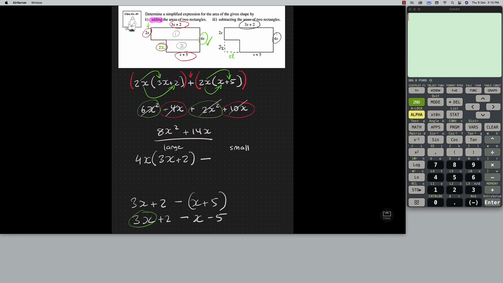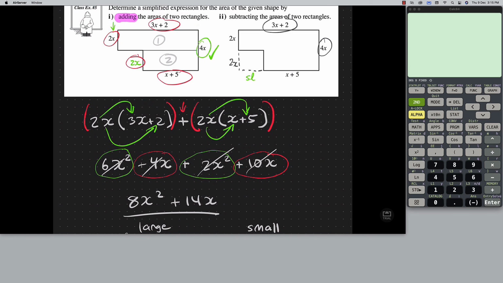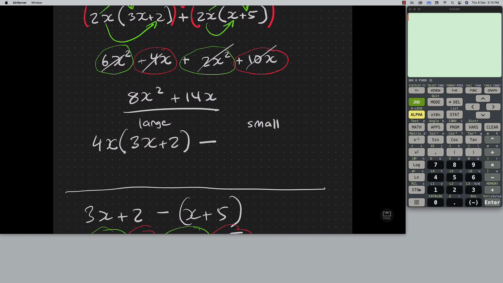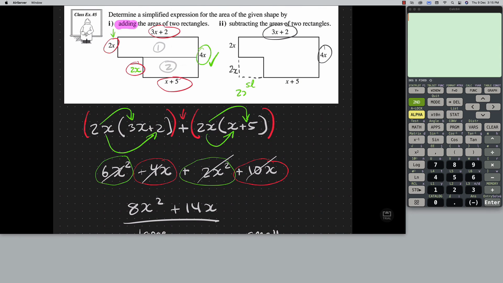I've got 3 x's, I've got a negative x, I've got a positive 2, and I have a negative 5. Once I gather those like terms, we're going to have 3x minus x is going to be 2x, and I've got a 2 and a negative 5, which is negative 3. So essentially what has happened is this part right here has become 2x minus 3.